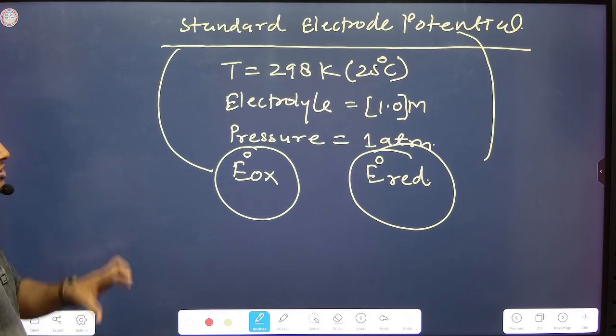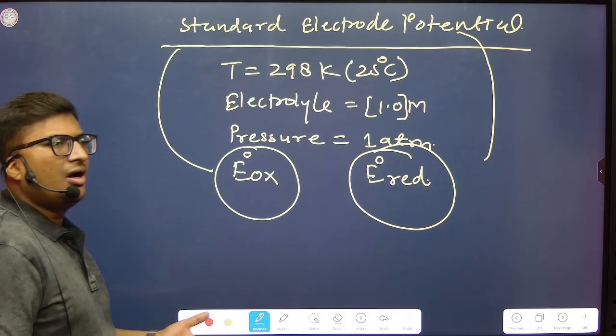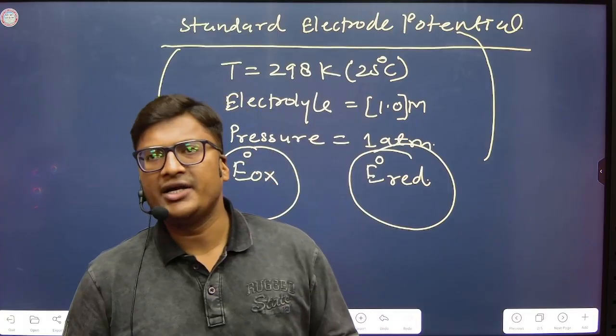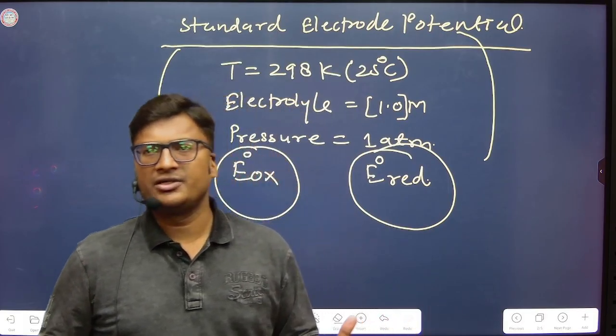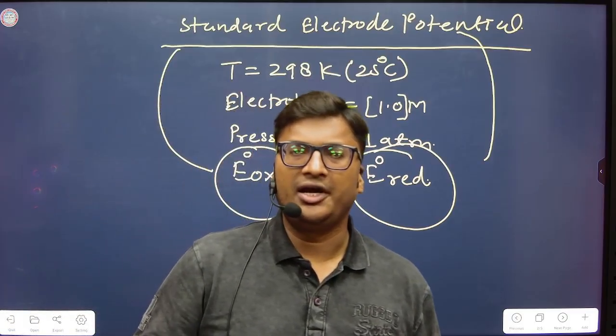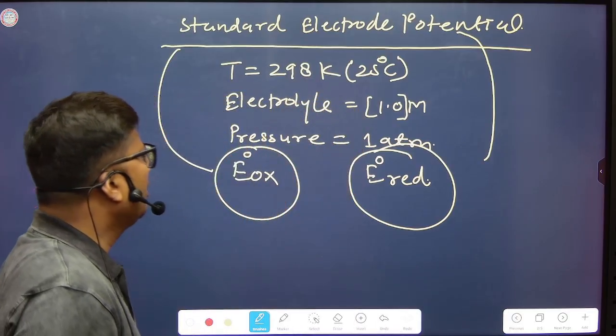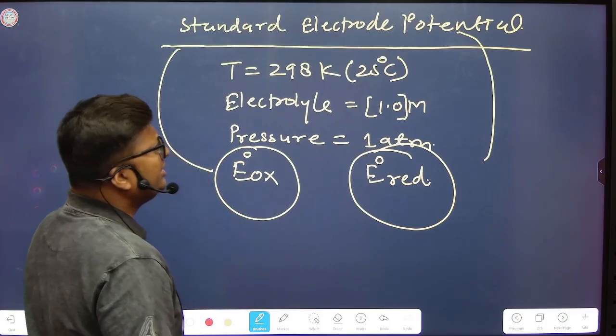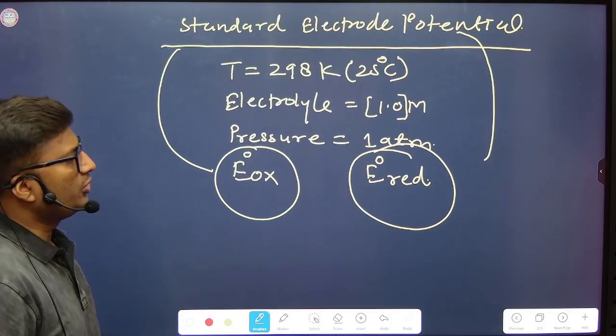So there are two possibilities, because of the redox reactions occurring at the interface between electrolyte and electrode. This is the difference between electrode potential and standard electrode potential.